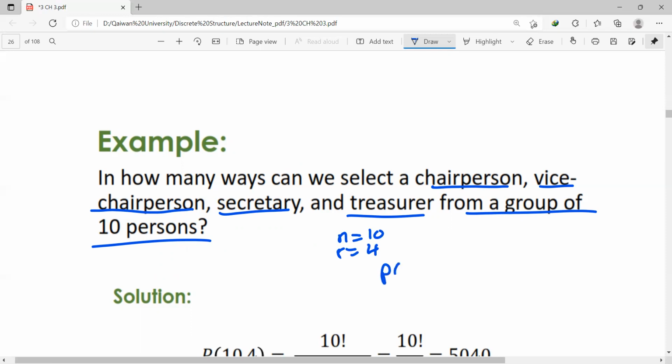So you just find P of 10 and 4, which is 10 factorial dividing by 6 factorial, is it? And it equals 10 multiplying by 9, multiplying by 8, multiplying by 7. Is it? Because it's multiplying by 6 factorial. This will cancel with the denominator. That's why you don't write it down. Okay?